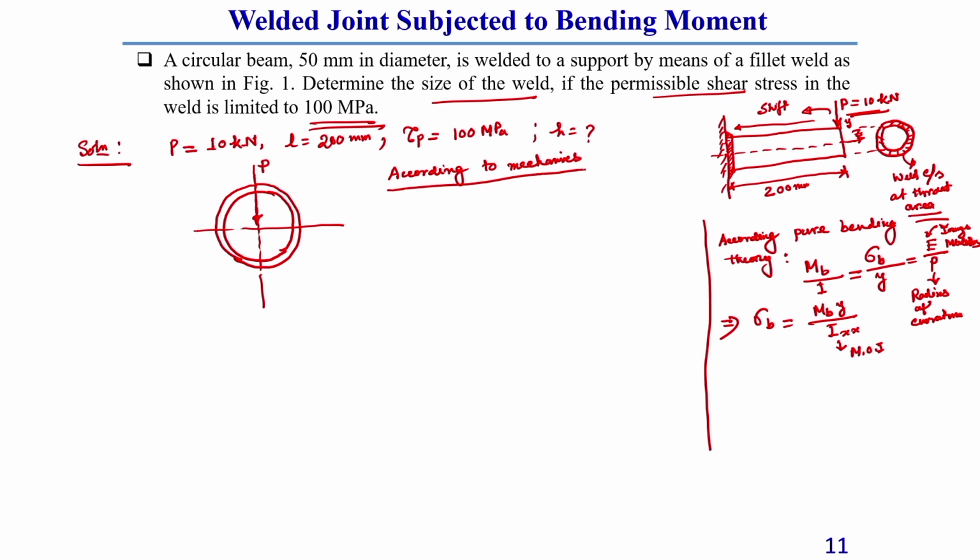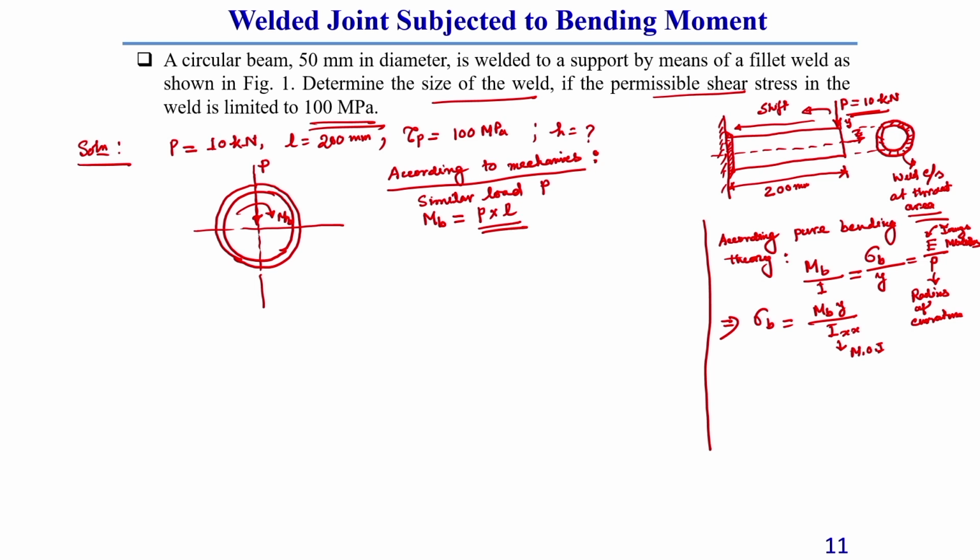Once a load is shifted from one position to another position, in that new position there will be a similar load P, and there will be a moment, that is your bending moment MB, equal to your load into shifting distance, the length from the load point to the weld point, P into L. So, there will be a bending moment in this weld, MB is equal to P into L. This you should keep in mind.